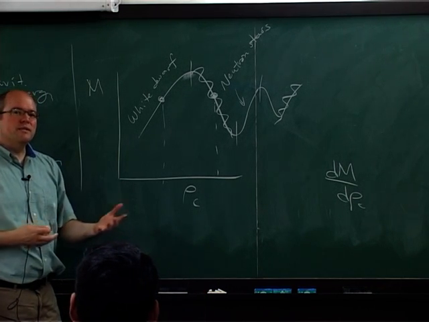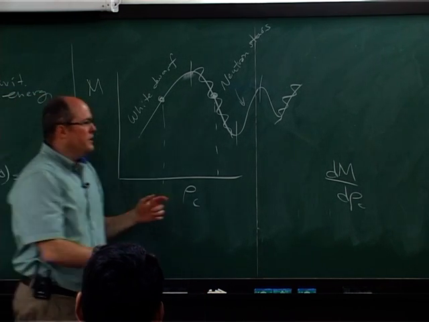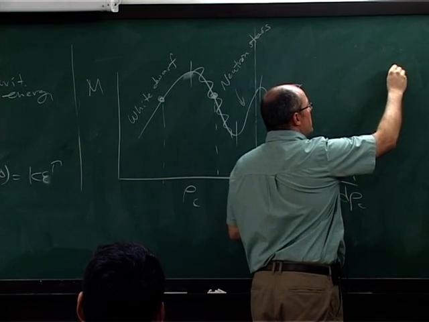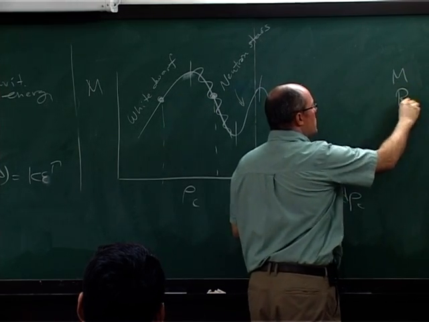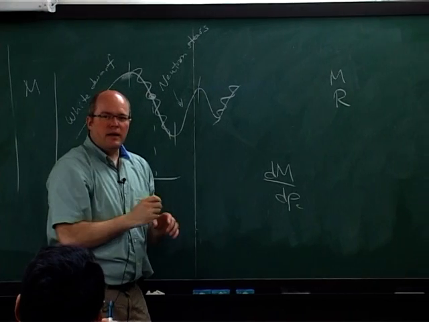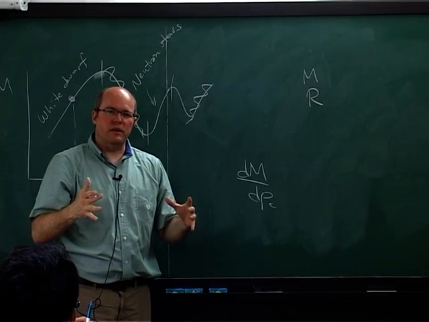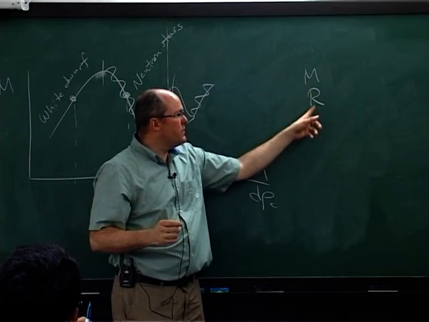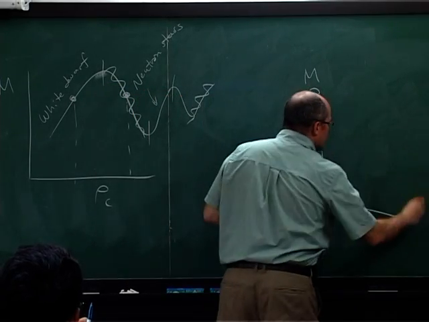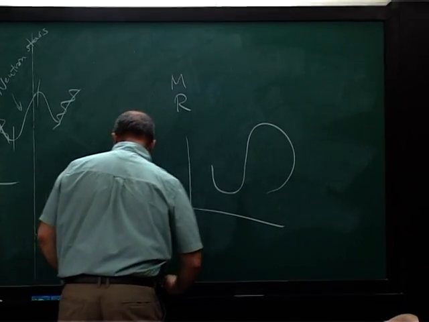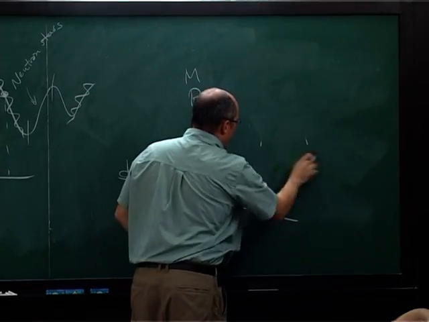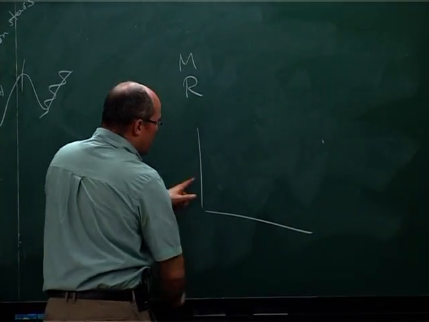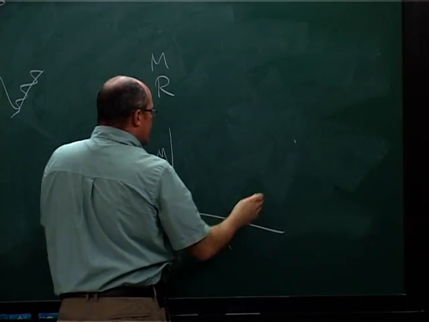The more exact stability criterion is related to the mass and the total radius of the star, and it's a little more tricky to understand. You have to look at the derivatives of this, and you get curves as you plot M and R. I don't remember what they look like.